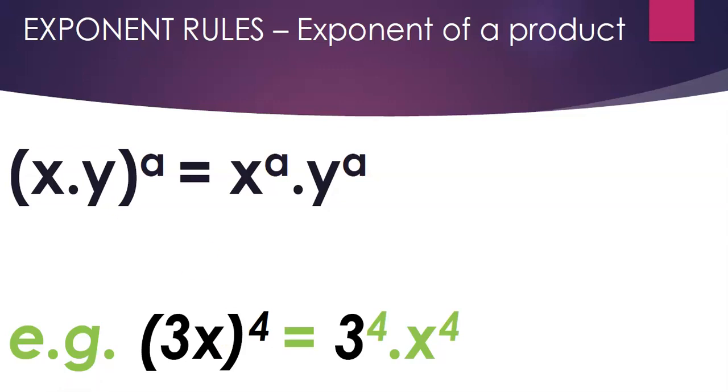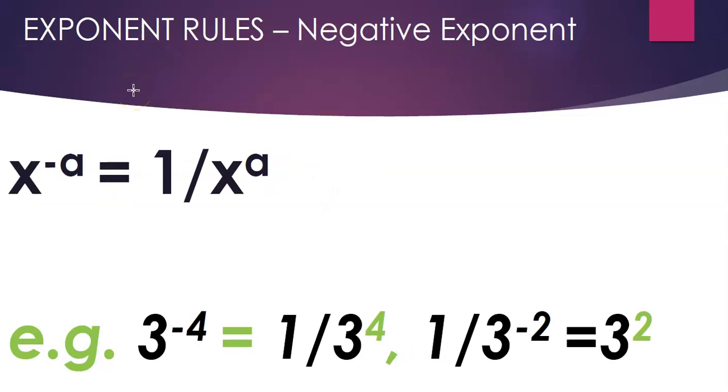Alright, next one up. The negative exponent, this is interesting, right? This doesn't ring a bell immediately, but we look into this. So any number or variable raised to a negative exponent is nothing but the reciprocal of its positive counterpart.